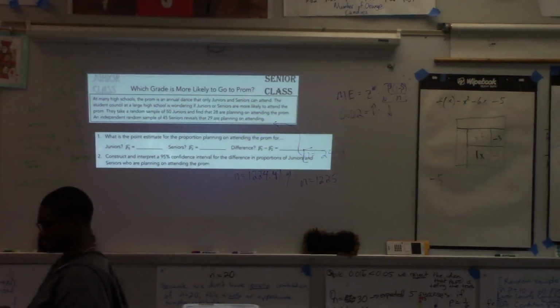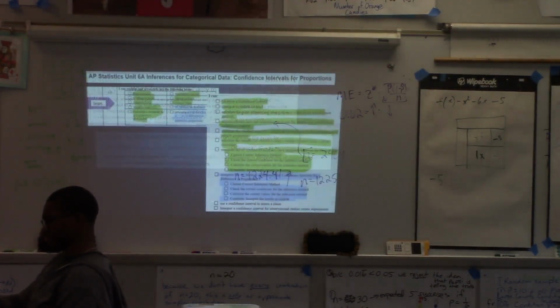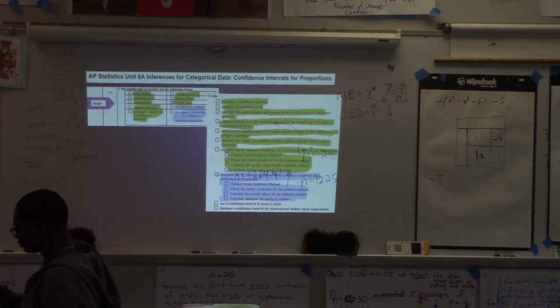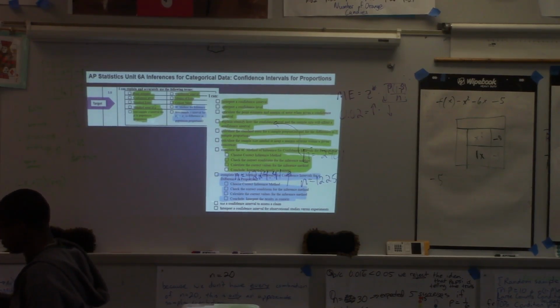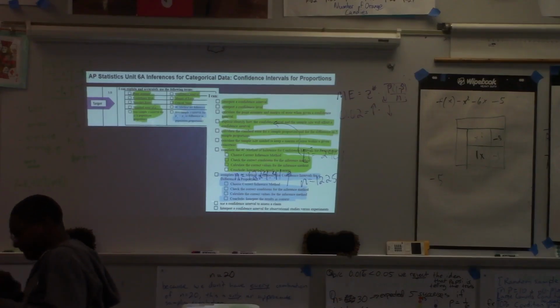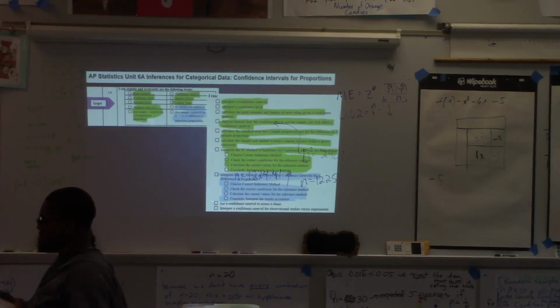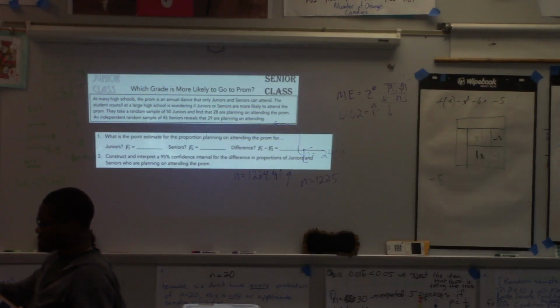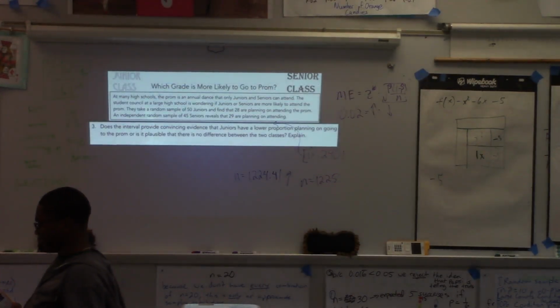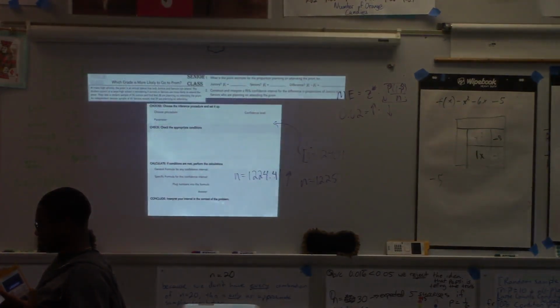Alright, so now we're going to just transition all of this into a difference in proportions. Estimating the true difference in proportions for P1 minus P2. And so you can actually work all the way through number 3 using the information that you already have.